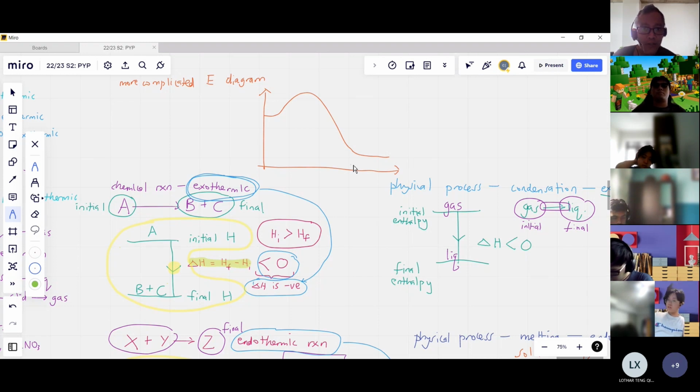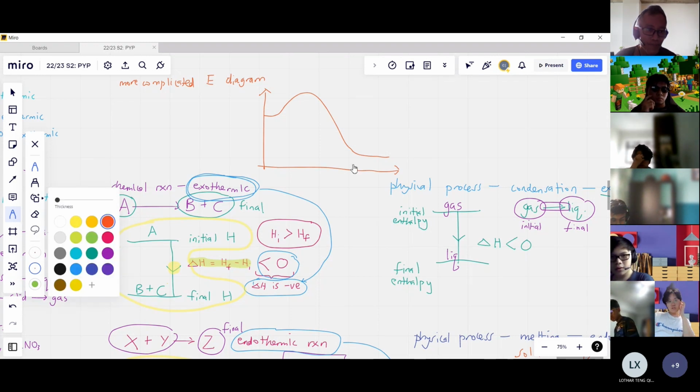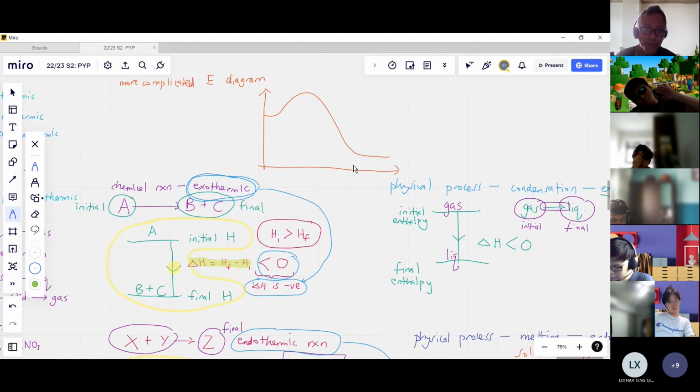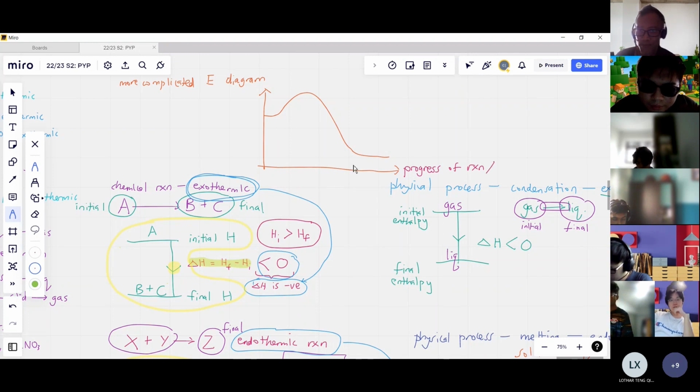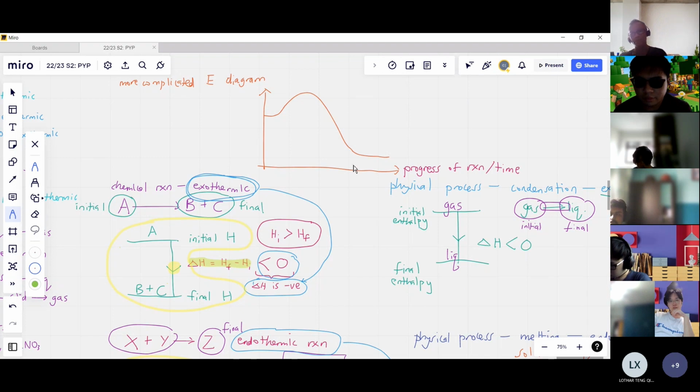This is for exothermic, but you notice I haven't labeled anything, so make sure you label. X-axis is progress of reaction. Or sometimes you can put it as time as well.